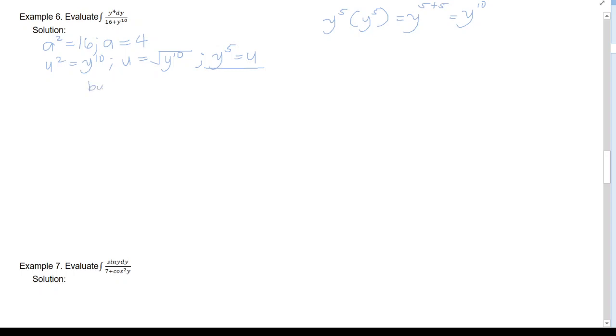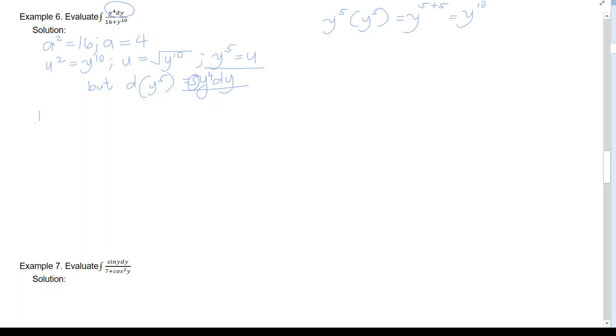But of course, the derivative again of y raised to 5 is 5y raised to 4 dy, and our numerator is y raised to 4 dy, so it doesn't satisfy our equation again, so we have to manipulate, writing 1 over 5 multiplied by 5, since 5 divided by 5 is equal to 1 also.